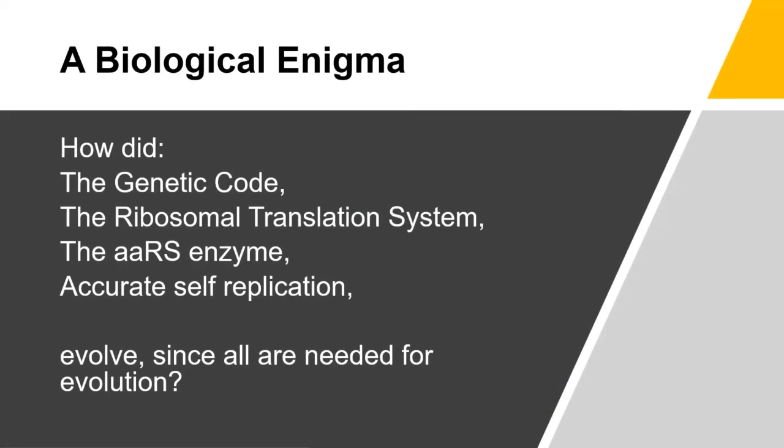The genetic code, the ribosomal translation system, which you've just seen, and the aminoacyl tRNA synthetase enzymes are all necessary for accurate self-replication, and that is necessary for evolution. So how could all of those systems evolve since they are all needed for evolution? That's a question that is not resolved, and may be very difficult to resolve.